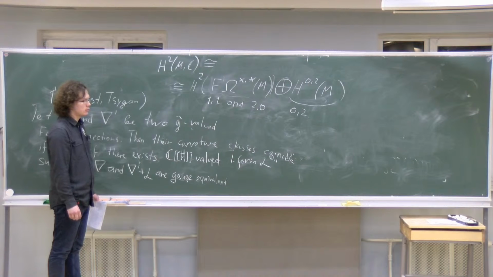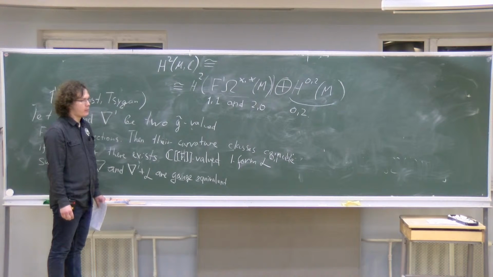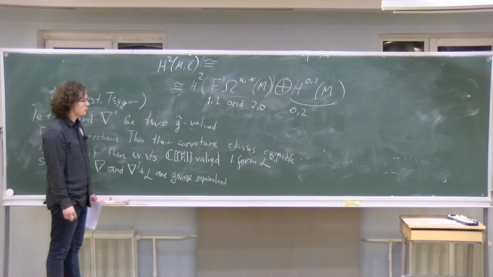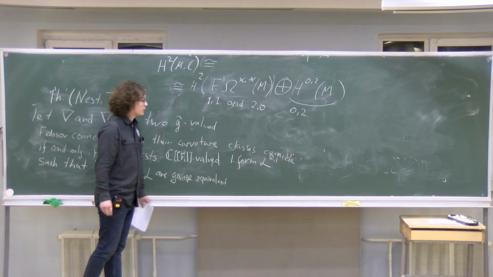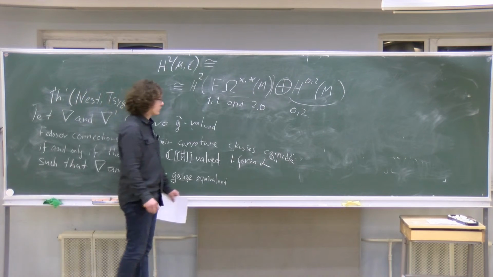So since d bar preserves the bigrading, I mean it preserves the splitting of the grading into two parts, and only acts in one direction, it determines cohomology of this sort. So in this case you can consider this as d bar cohomology of corresponding sheaves, with corresponding coefficients. Is this clear?